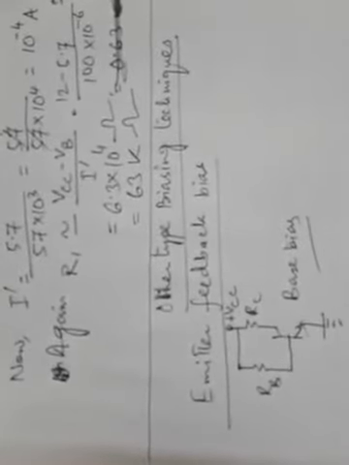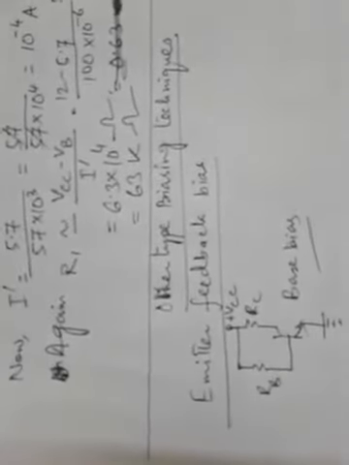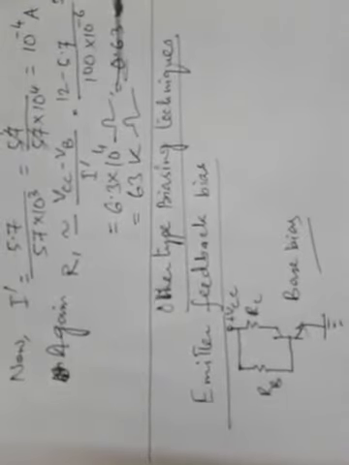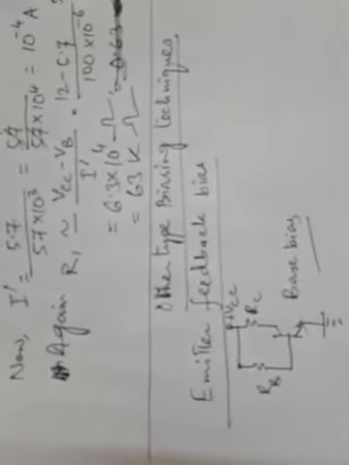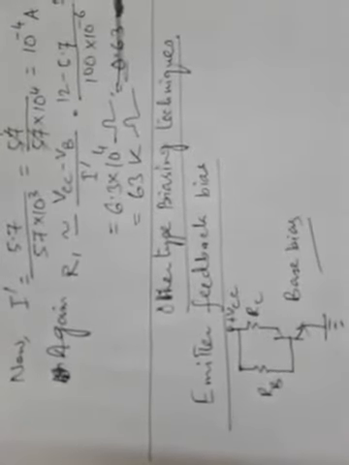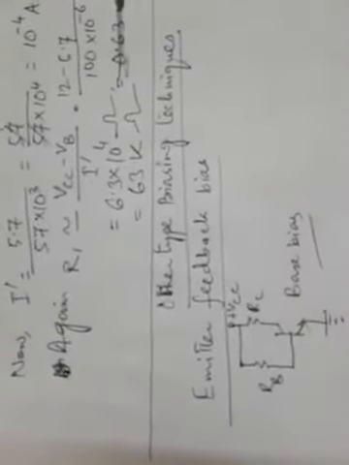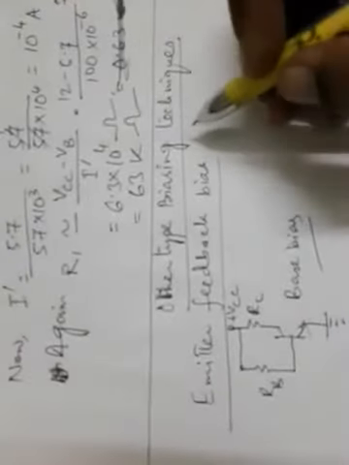So in earlier times, the first attempt to stabilize the Q point was emitter feedback bias. The circuit will be something like this.